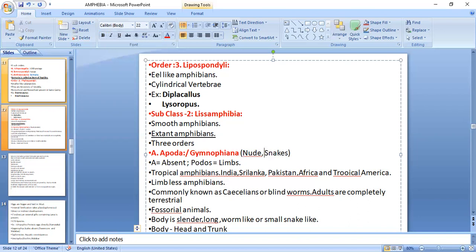In amphibia we first remember frogs, and lizard-like salamanders and newts. But these animals look like snakes, or sometimes like earthworms. Worm-like animals, but bigger than earthworms, and they are very active.